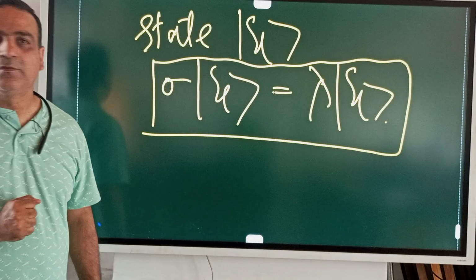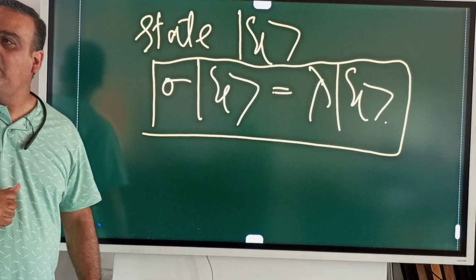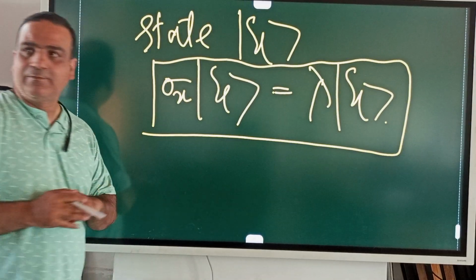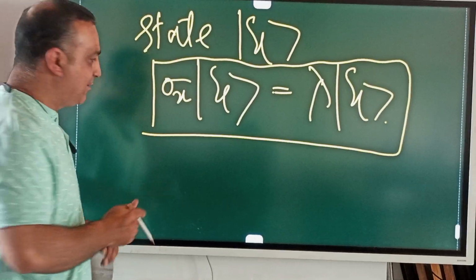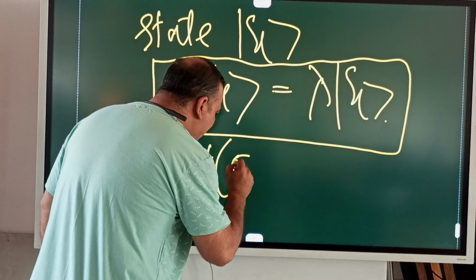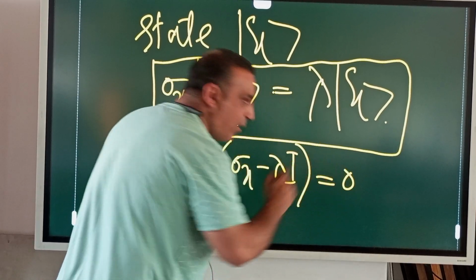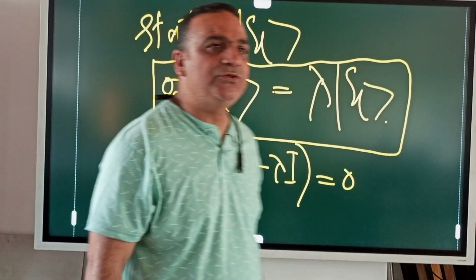How do we calculate the eigenvalues? Let me choose this as sigma x. We say that the determinant of sigma x minus lambda I is equal to 0. This is the equation that we use.